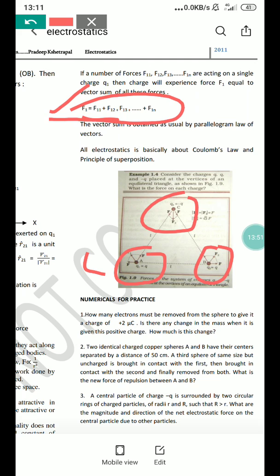It is equal to the force on the first particle due to the second, the force on the first due to the third, and the force on the first particle due to the nth particle, and the sum of all these forces is the resultant force. This is called the superposition principle. And this is the main summary of your first chapter, electrostatics.